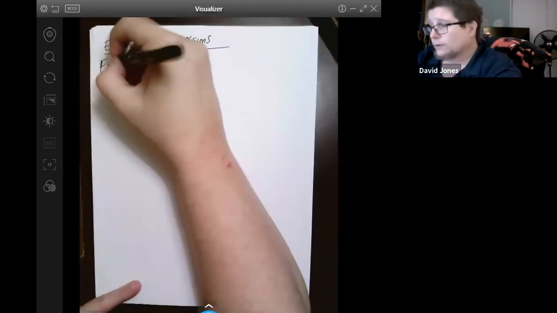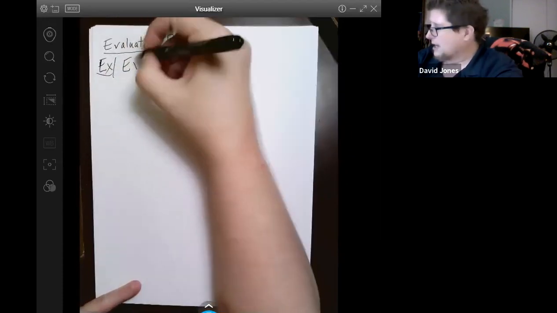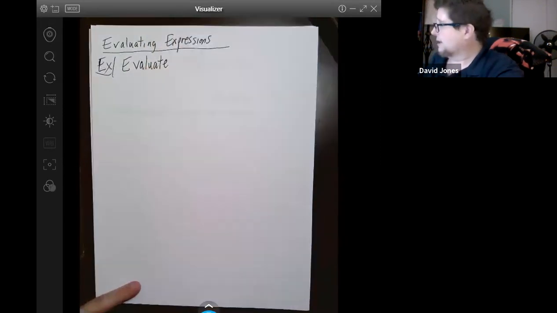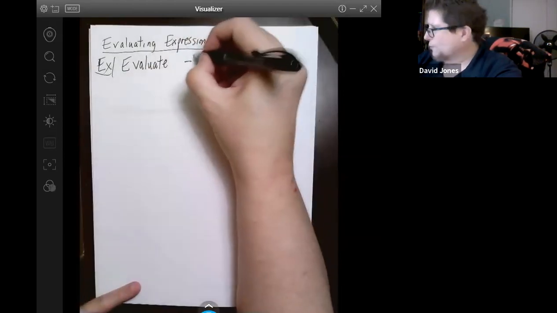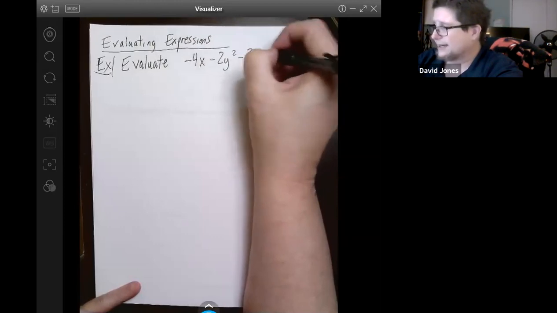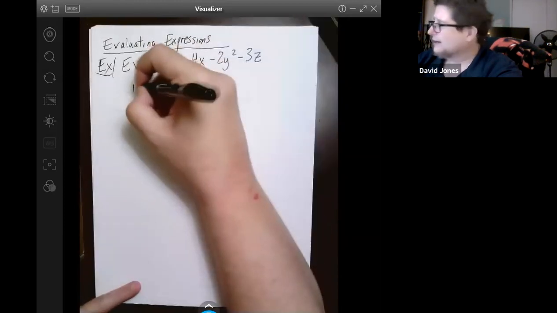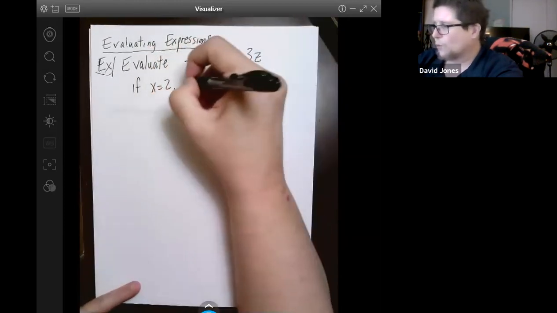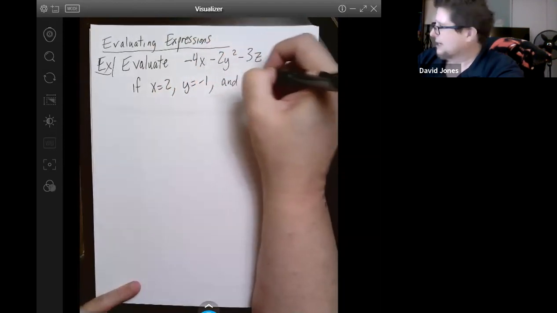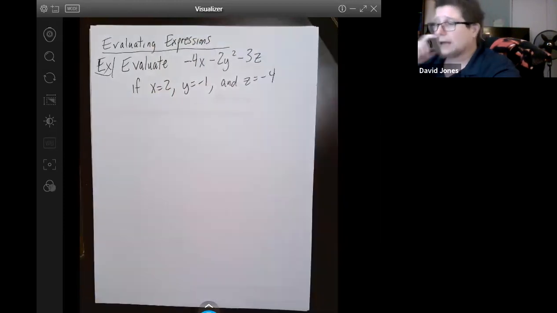So example, evaluate, let's see, what do I want to do? -4x minus 2y squared minus 3z if x equals 2, y equals -1, and z equals -4.